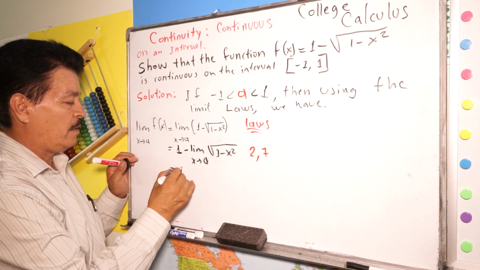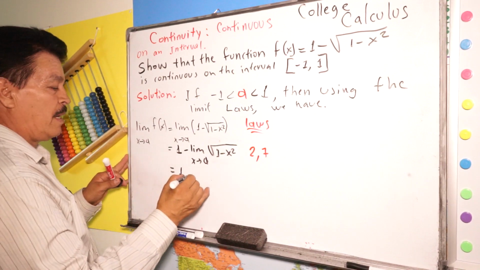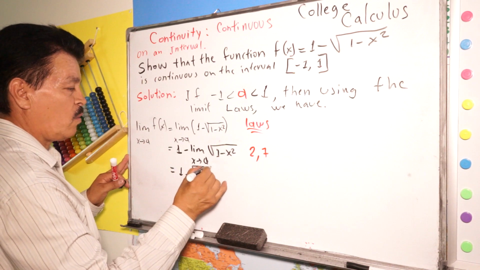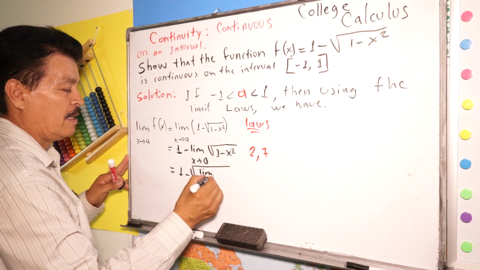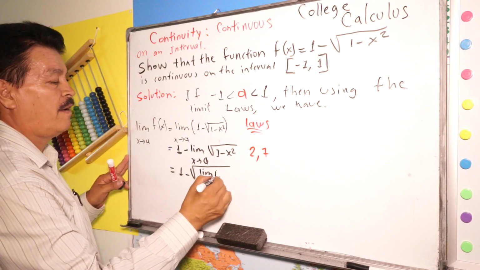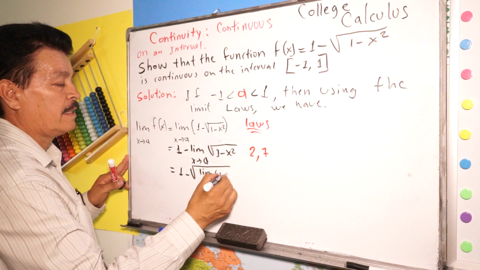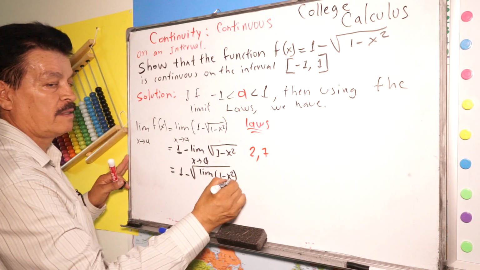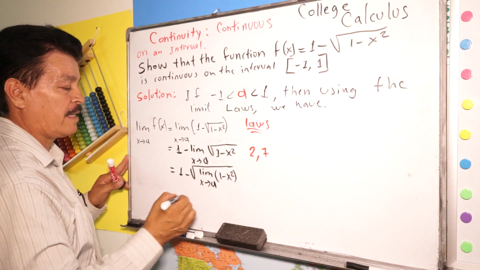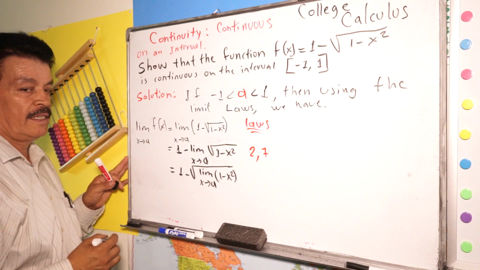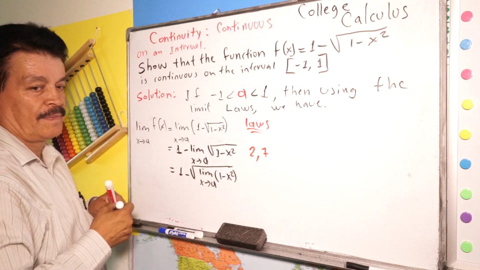So the next step is 1 minus the square root of the limit of 1 - x² when x approaches a. This is law 11.